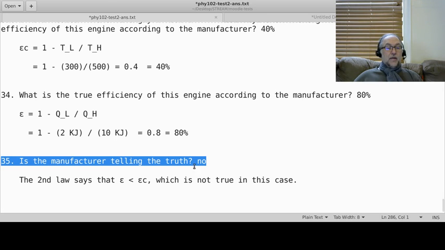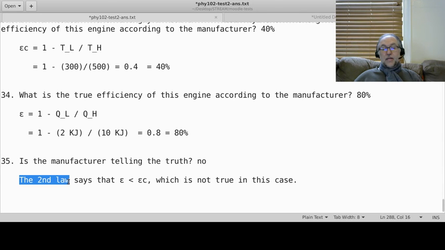They are lying. Why? Well, because of the second law of thermodynamics. Again, I didn't really prove this, but Sadi Carnot, using the ideal gas law along with the qualitative statements of the second law of thermodynamics that heat can't spontaneously do work, showed that any true efficiency of an engine must be less than the Carnot efficiency.